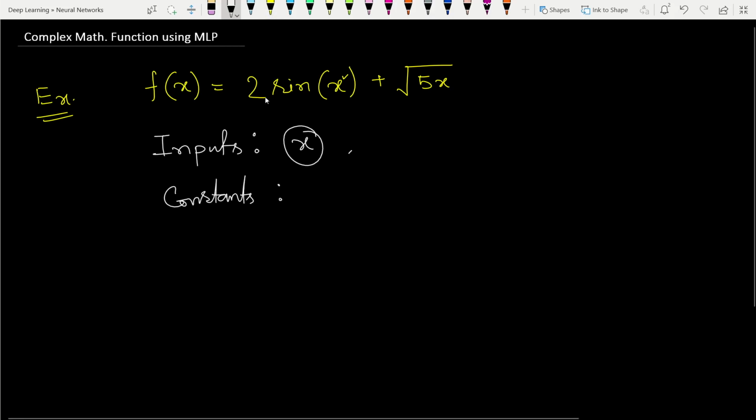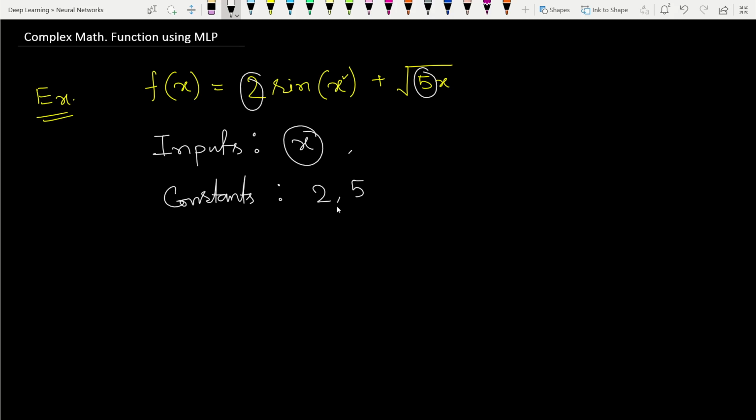What are the constants here? We have 2, and another constant we have here is 5. So the input is x and two constants. You can think of the constants as bias terms, nothing else. So don't be confused about that.